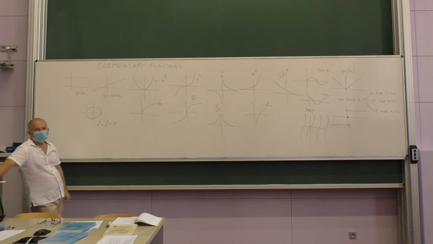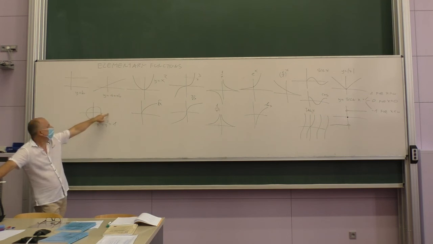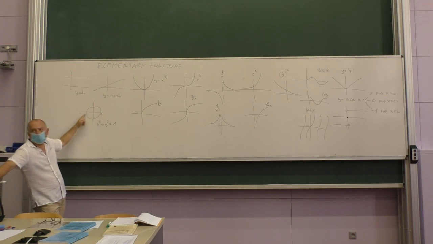This curve as a whole is not a graph of a function, because for a function we want for each x in the domain of definition to have one result. In general, for each real x to have at most one result: 0 results when we are out of the domain, and 1 result when we are in the domain. But here we have one result for x is 1 and one result for x is minus 1, but we have two different results for arguments between minus 1 and 1. So this curve as a whole is not a graph of a function.